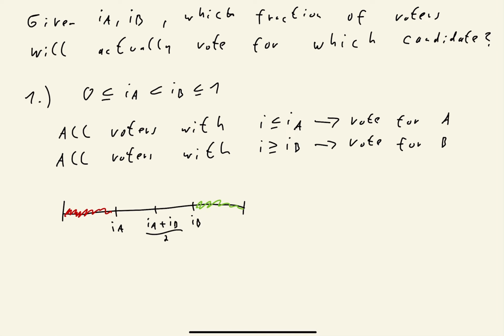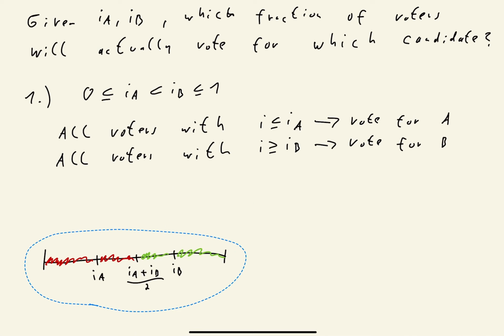This gives you exactly the middle point, and everybody to the left of this middle point will vote for A, and everybody to the right of this point will vote for B. So this is just a quick picture to explain this to you.